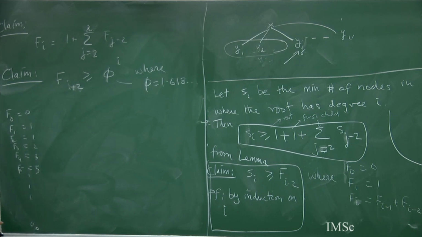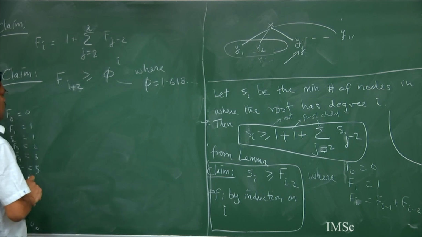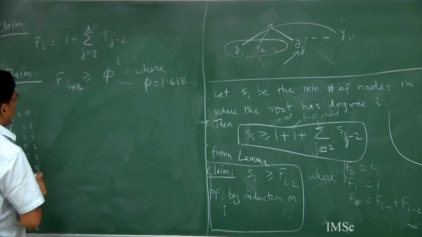So again, proof by induction. When I equal to 0, we are talking about F2, which is greater than or equal to phi to the power 0, which is 1. F3 is 2, which is greater than or equal to phi. So assume true for small i's.